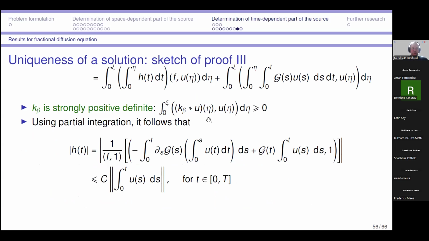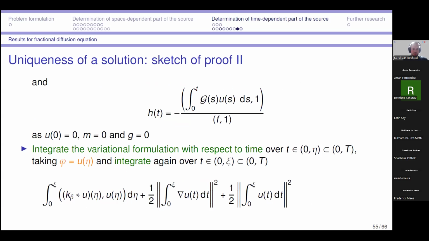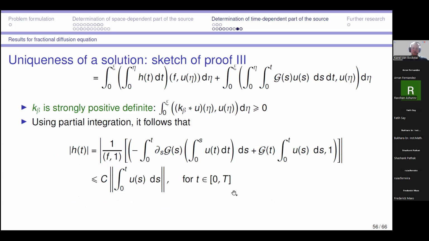So k beta is strongly positive, implying that this integral is positive, and this is the reason why we need that. This is for constant coefficients equal to 1, but we need that the coefficient c is strictly positive. So h of t can be estimated in this way, also by using partial integration.